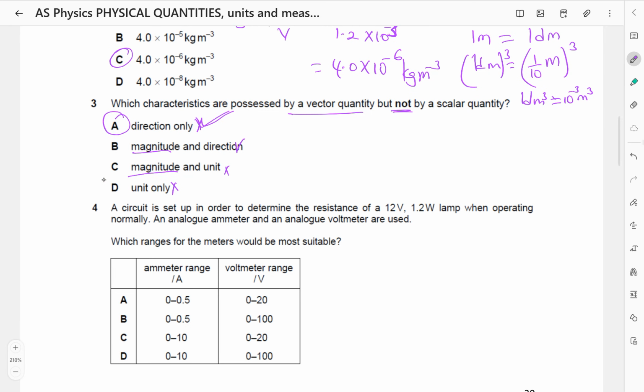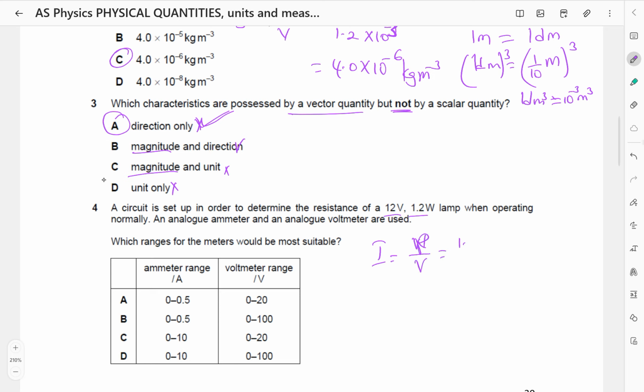A circuit is set up in order to determine the resistance of a 12 volts, 1.2 watt lamp when operating normally. An analog ammeter and an analog voltmeter are used. Which ranges for the meters would be suitable? Okay, let's check the current. Current is going to be equal to power divided by V, because power is IV.